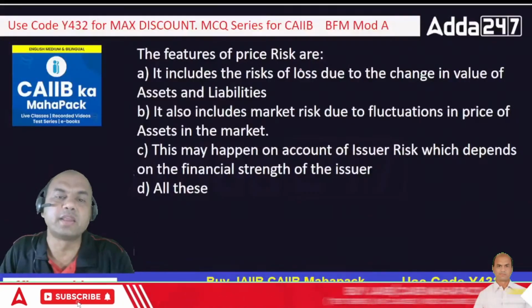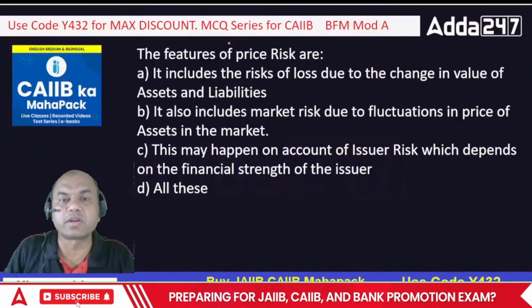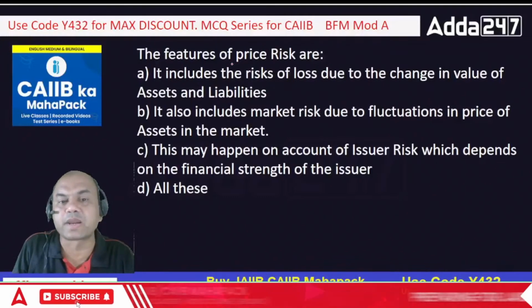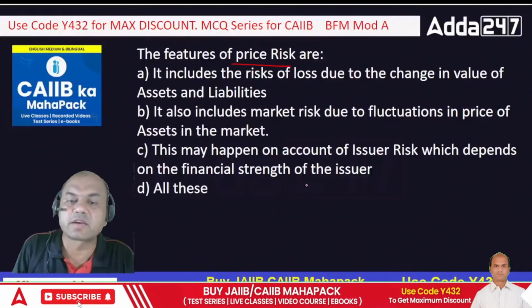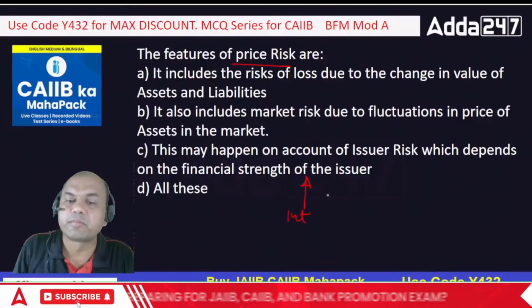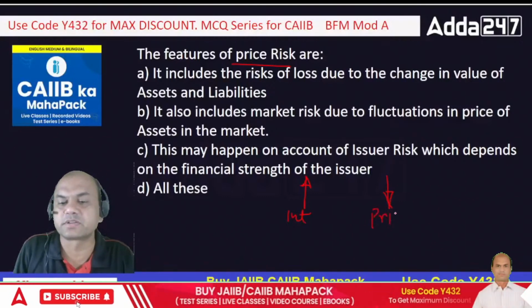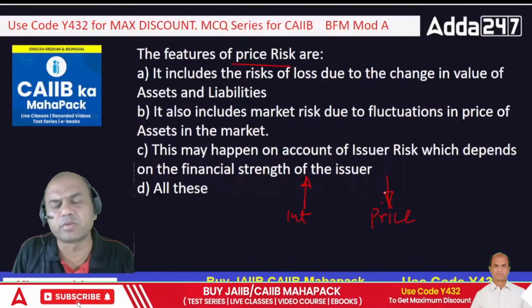Okay. Then the features of price risk are. What are the features of price risk? Just now I told you price risk means if the bond interest rate goes up, the price will always go down. That is the basic logic of bond prices, okay? And everything depends on bond prices only.